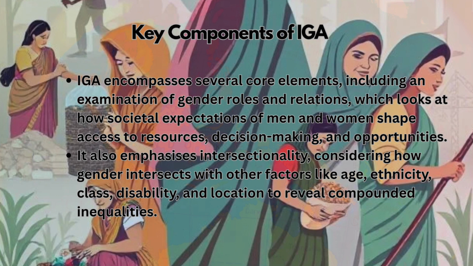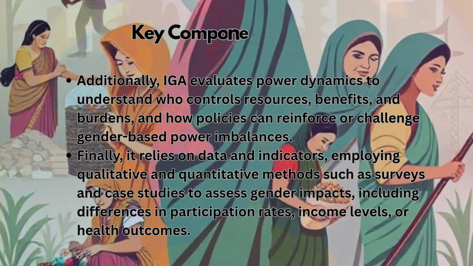It also emphasizes intersectionality, considering how gender intersects with other factors like age, ethnicity, class, disability, and location to reveal compounded inequalities. Additionally, IGA evaluates power dynamics to understand who controls resources, benefits, and burdens, and how policies can reinforce or challenge gender based power imbalances.